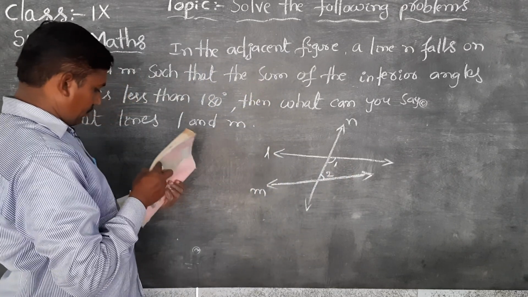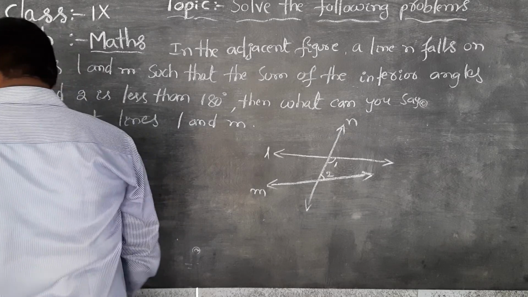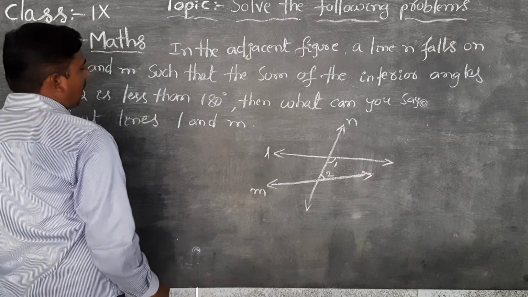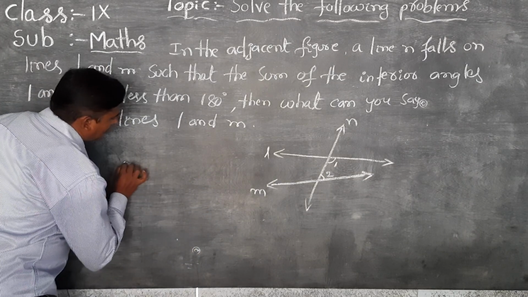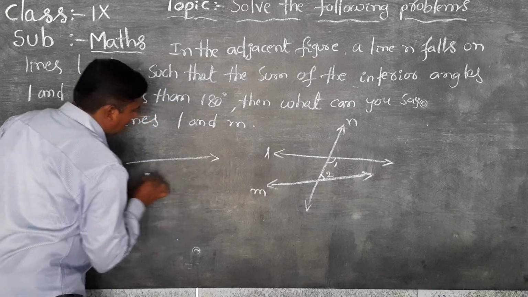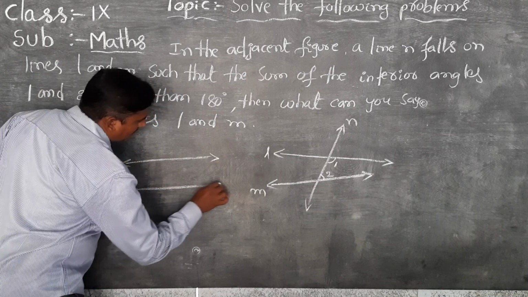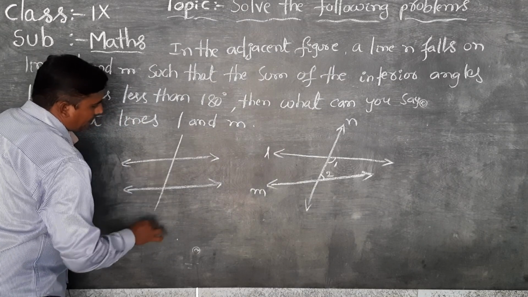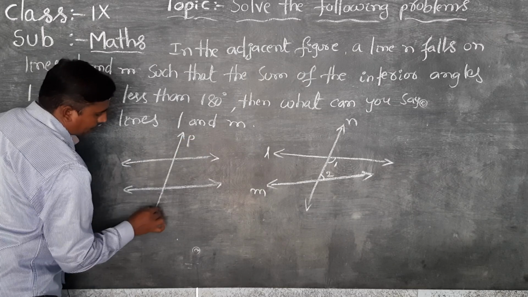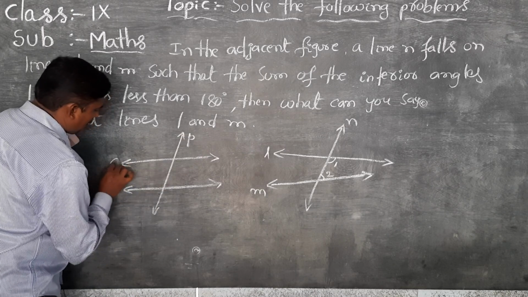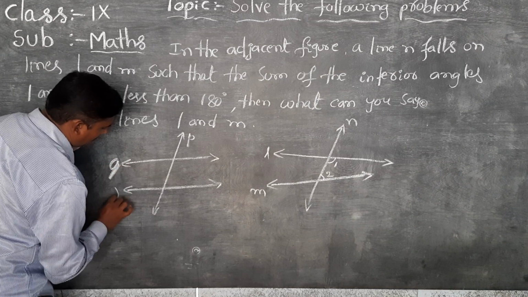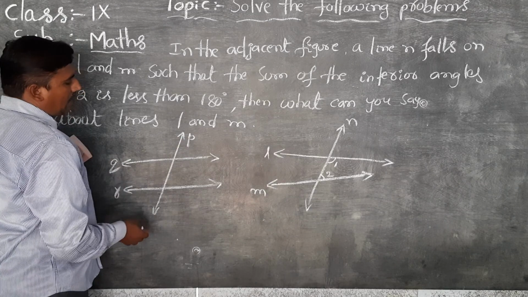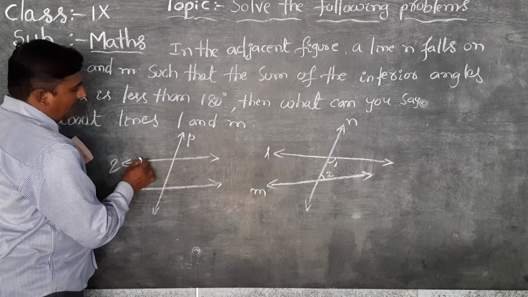Okay, already we know. Before also a problem like this came. Maybe here this is L, this is M. Otherwise we are writing here PQR. In that PQR, here Q and R are parallel.